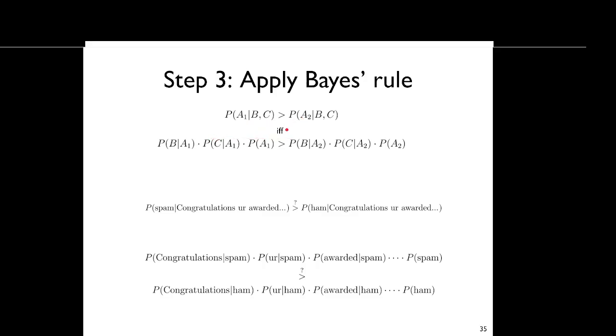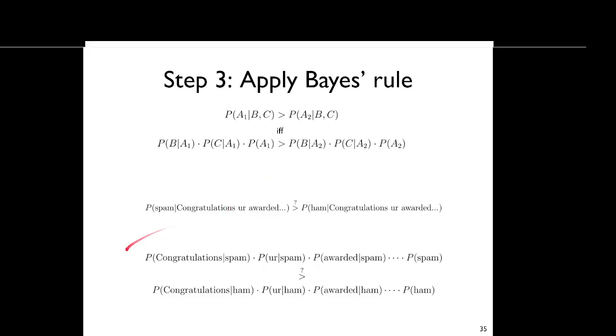And we turn this into the likelihood that A1 is given, and so we know it's ham, and we observed the word "congratulations". We know it's ham, and we observed the word "awarded", times the likelihood of ham, and so on. So we apply this formula as we introduced it.